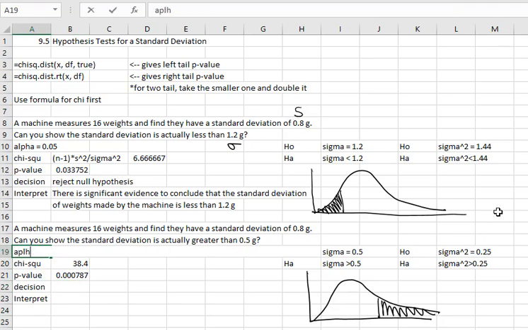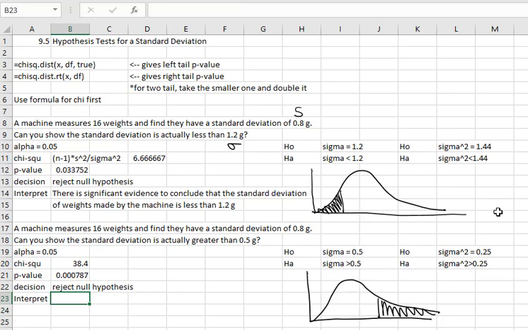Looks like this example didn't tell us the alpha either, like it should have. Let's say alpha again is 0.05, which means our decision with such a small p-value is to reject the null hypothesis.